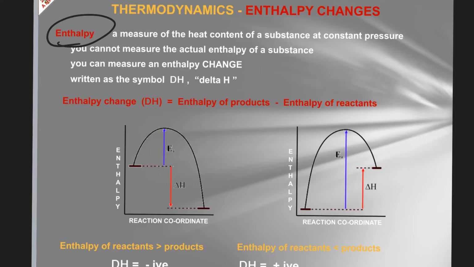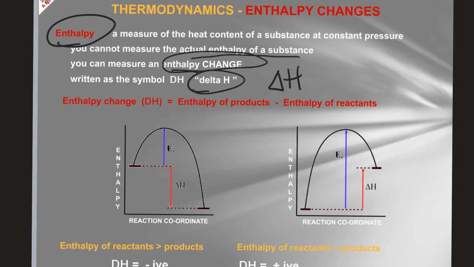We cannot measure the actual energy within the substance at all, but what we can measure is what we call the enthalpy change, or delta enthalpy. Enthalpy is usually given to us as a capital H. When you see a capital H in chemistry, that's enthalpy. And the change of enthalpy, or delta enthalpy, is just this triangle H.